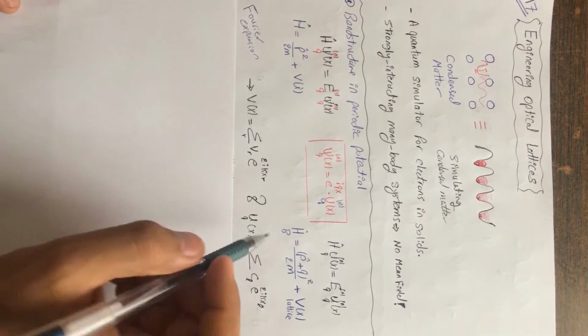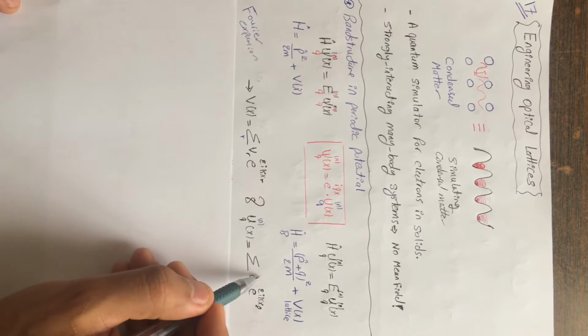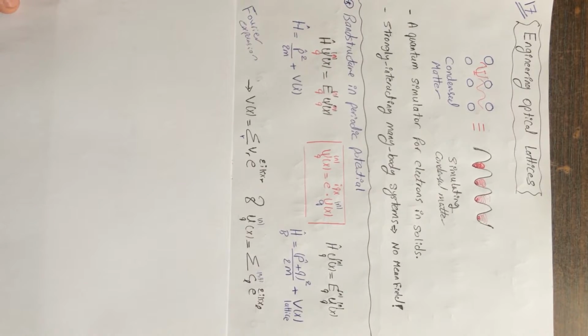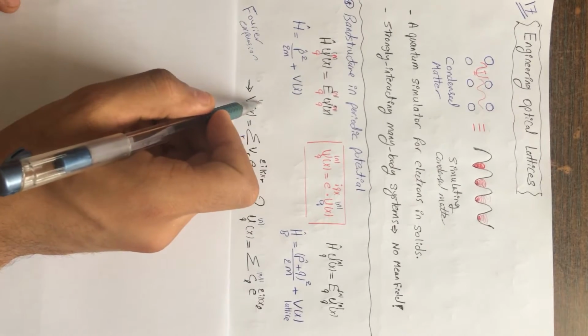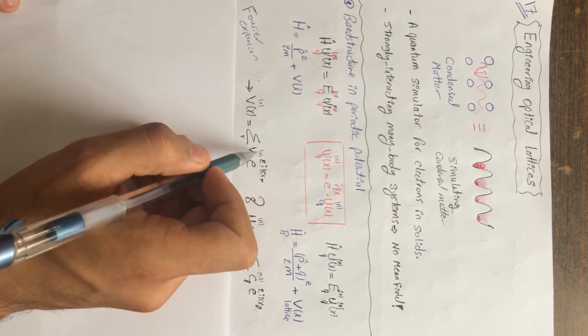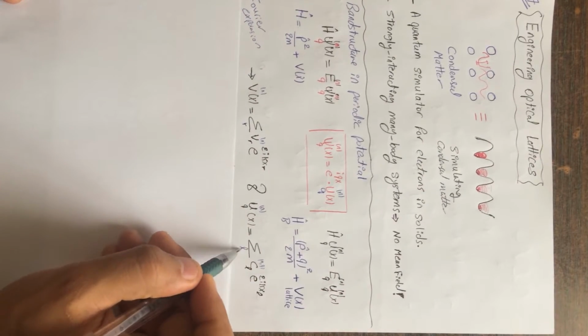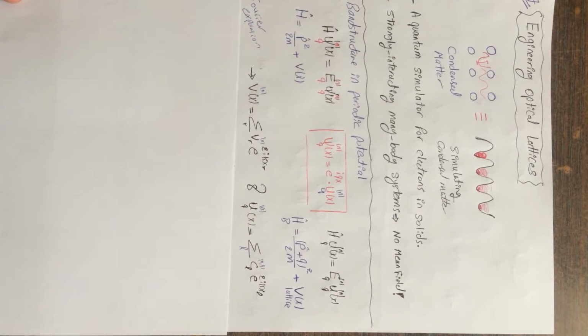For the wave function, with band index n and q, you just expand over the lattice, the wave function as an exponential over the lattice.